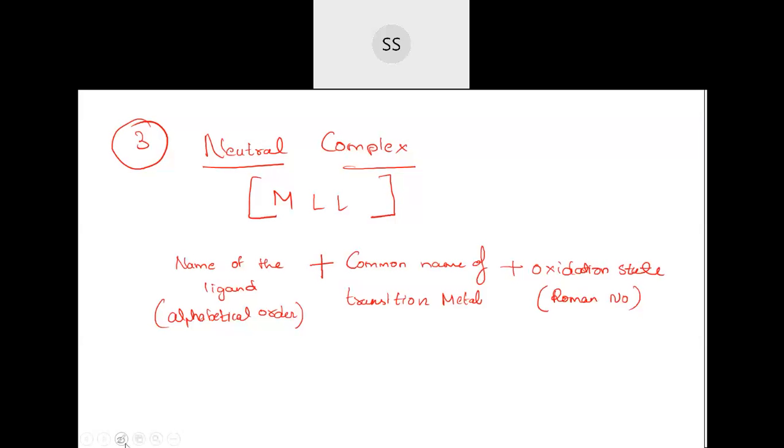So here is the rule. This you can put in a box, okay? So that you'll be able to remember it correctly.